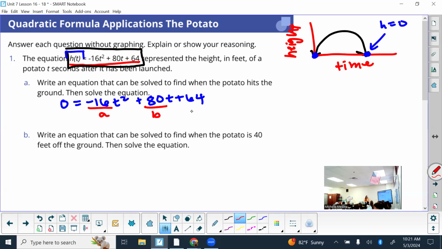B is always in front of the x. C is always the constant. So using your A, B, and C, plug it into your quadratic formula and solve. If you finish early, do part B, where we're solving for when the potato is 40 feet off the ground. I'll give you 3 minutes.